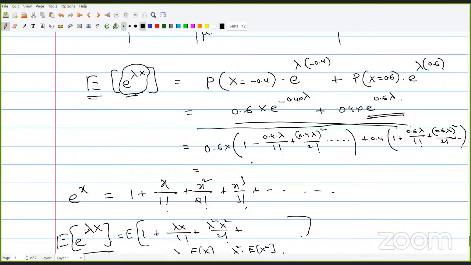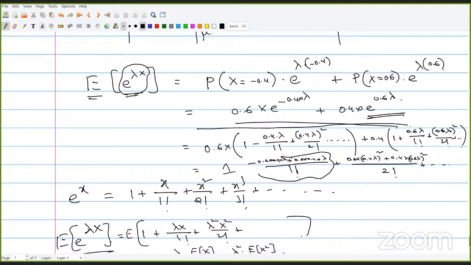Now if you add these two, you will get 1, minus 0.6 into 0.4 lambda plus 0.6 into 0.4 lambda divided by 1 factorial, plus 0.6 into 0.4 lambda whole square plus 0.4 into 0.6 lambda whole square divided by 2 factorial and so on. You see here, this particular lambda term gets cancelled.